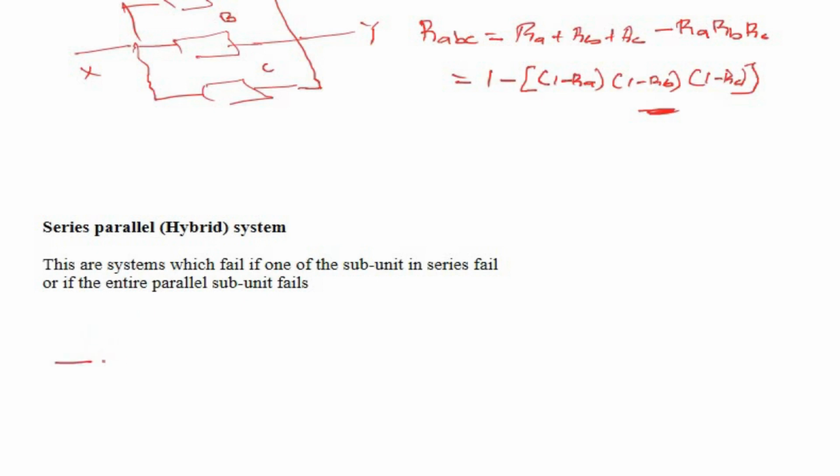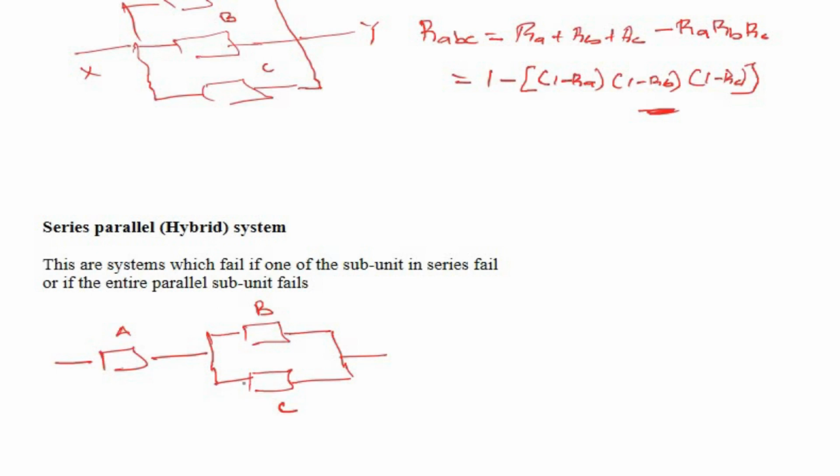Let's continue using our three components as an example. Let's say we are having component A connected in series with components B and C, and components B and C are in parallel. So you can see this is a hybrid system. This is a series parallel system because we have component A connected in series with components B and C, but B and C are in parallel.